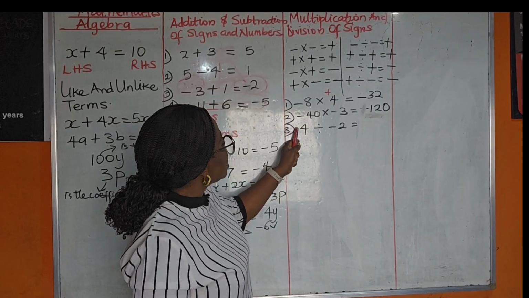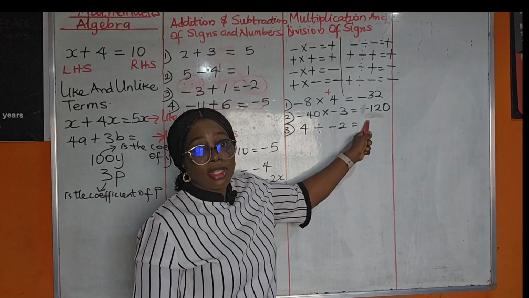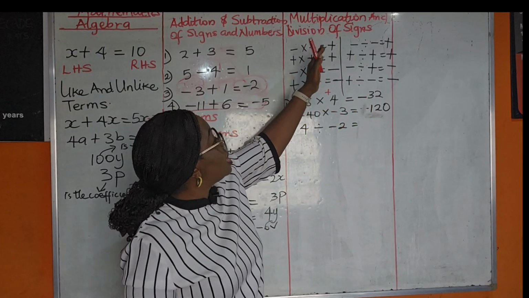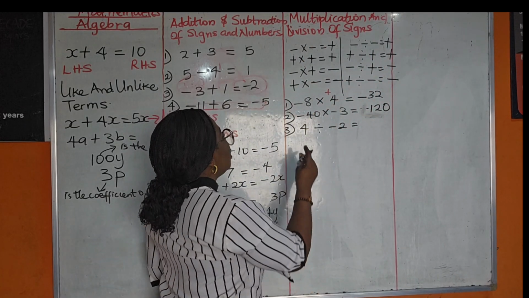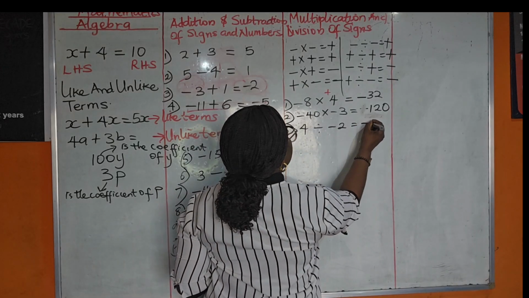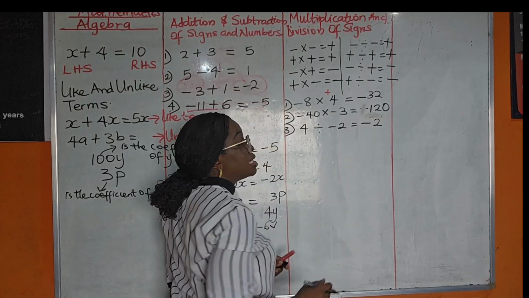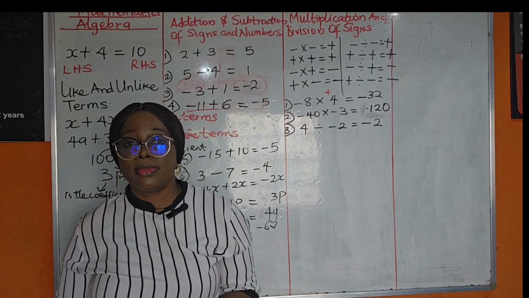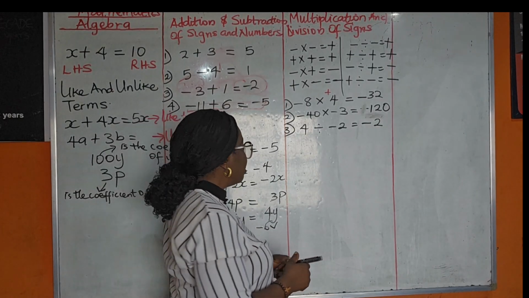So plus divided by minus is minus. Once you master the multiplication, the division is easy because they are actually the same thing. So plus divided by minus is minus, and then 4 divided by 2 is 2. So your answer becomes minus 2. Is that clear? Let's solve one more example.